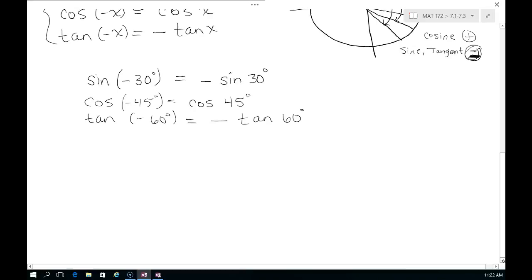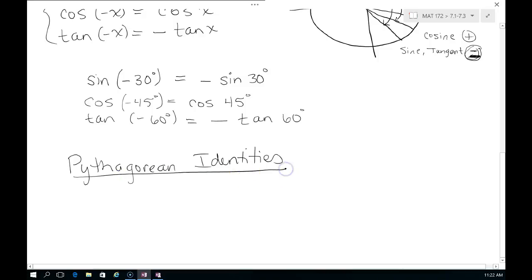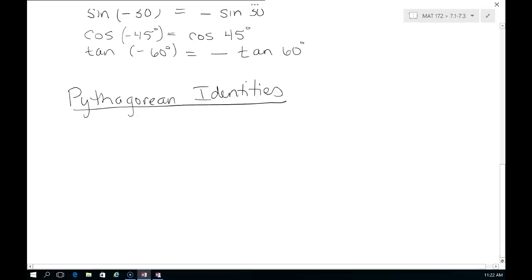Probably the most important trig identities, and they get used most often, are the Pythagorean identities. There are 3 of them, but if you remember just the first most basic one, you can come up with the other two.